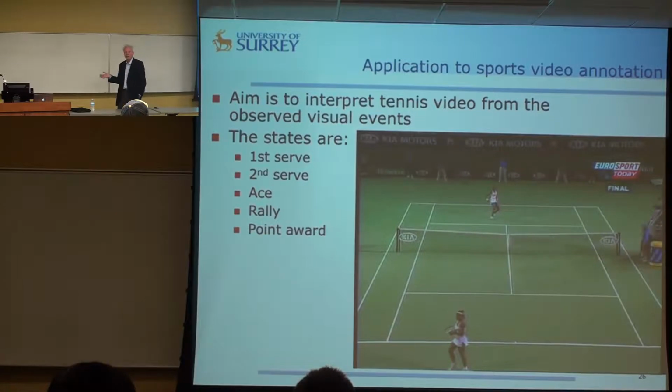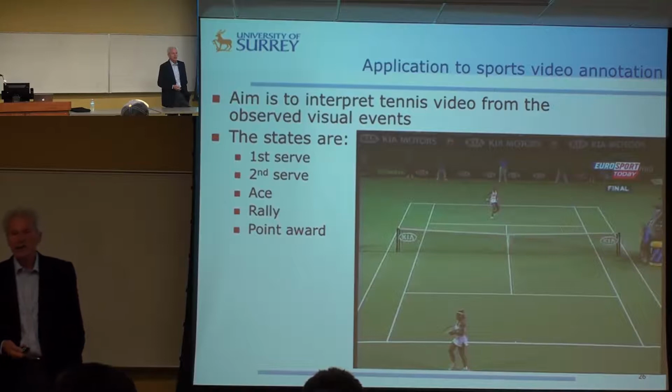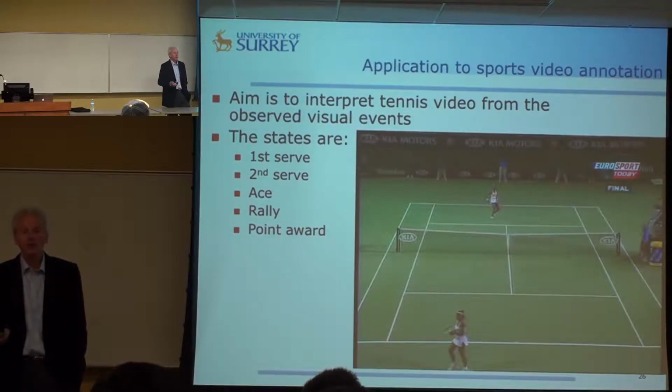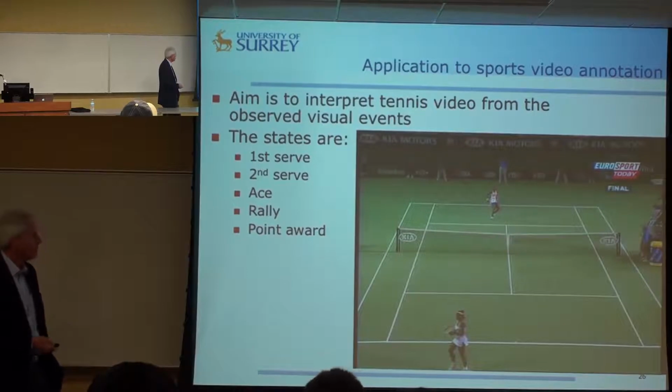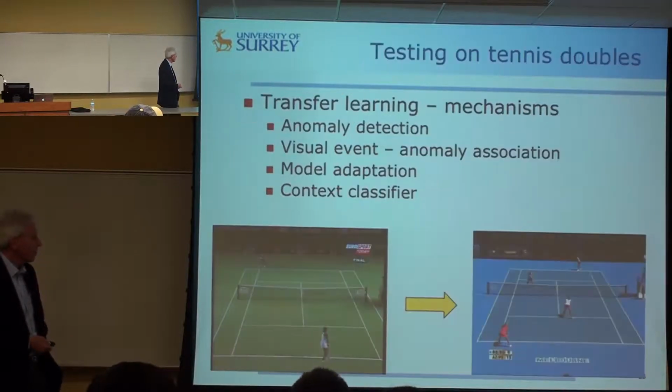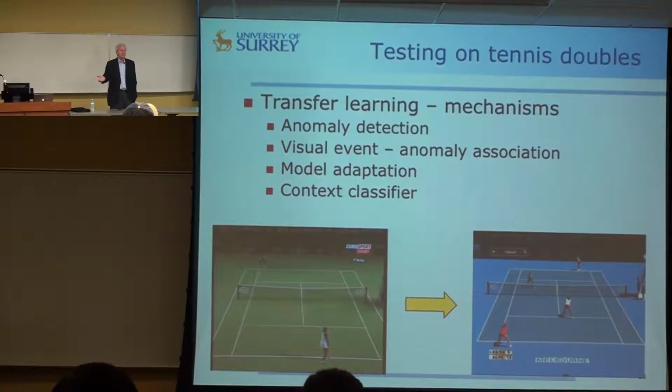It took us about 8 years, which can do that quite reliably, which means about 5% correct. Okay, so it's not perfect, but we are not using all the levels of interpretation, so we can actually award players a point depending on what happened in the scene, and it involves quite a complex system. But then we tried tennis doubles, and the system failed.